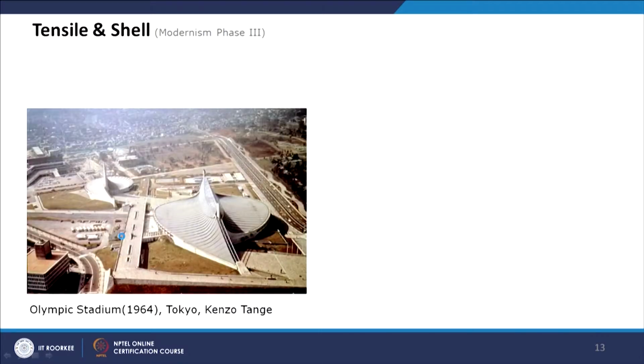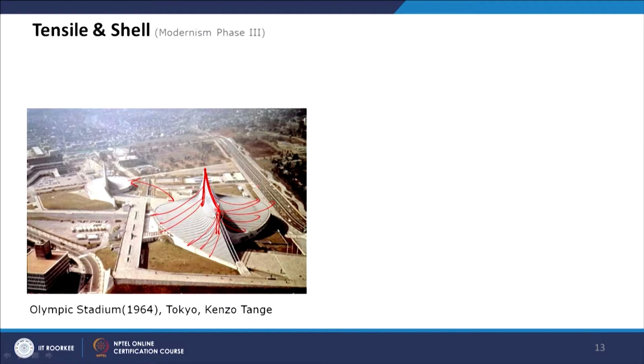Now another famous example of a tensile structure is Kenzo Tange's Olympic Stadium in Tokyo, designed in 1964, around the similar time frame. There were two stadiums of similar design, and here two masts take the load, and from there the tensile members pass through, and between the two masts there is another member in tension taking this load and acting as a covering, as a roof of this Olympic Stadium.